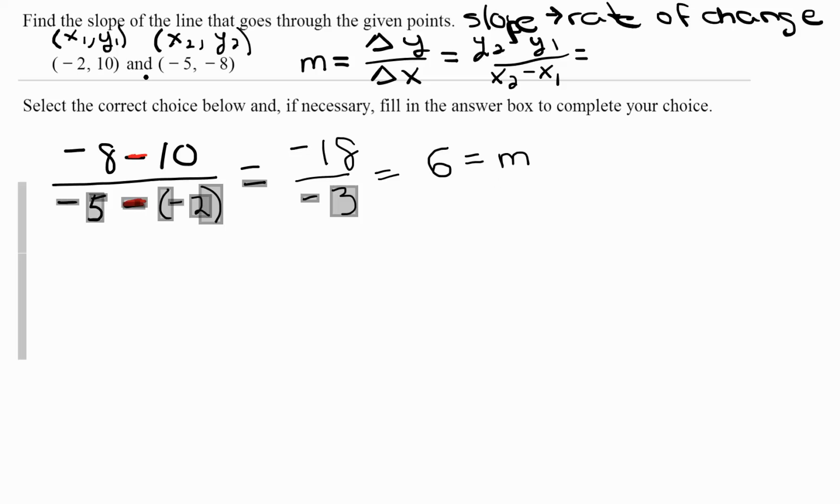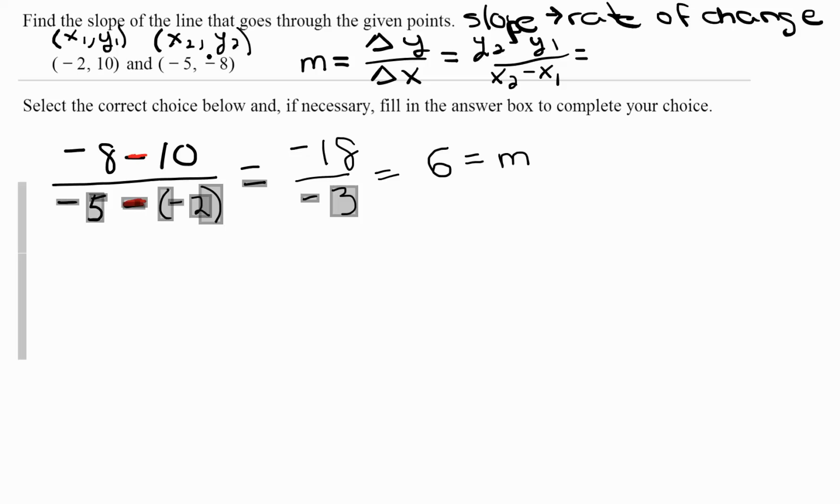Now, if you're questioning how I could determine that -2, 10 was our first point and -5, -8 is the second point, you get to choose that. You could have chosen that -2, 10 was x2, y2, and the other one was x1, y1.